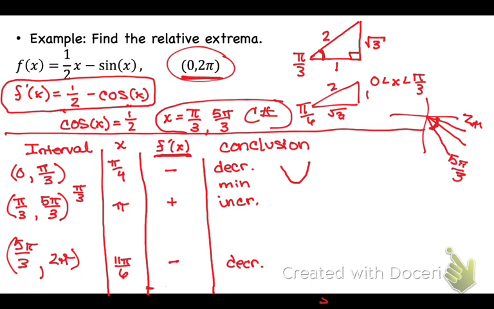At pi over 3, it is a minimum because what is this graph doing? Decreasing and then increasing. And at 5 pi over 3, it is increasing and then decreasing, so it is a max.